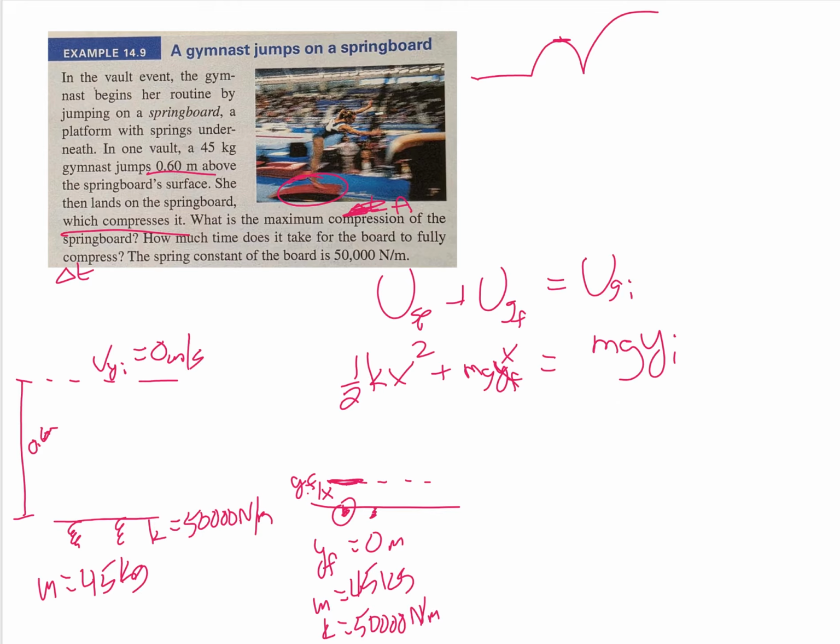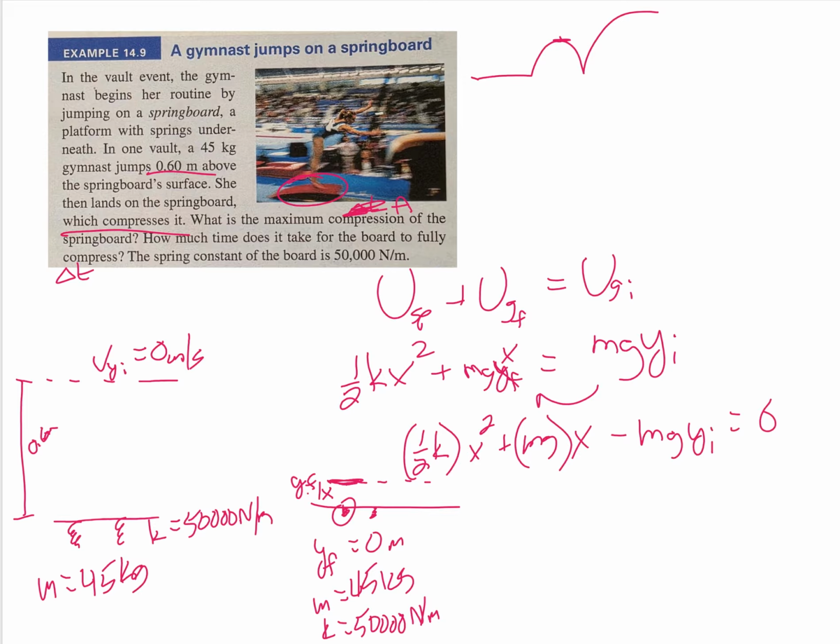Okay, so actually what's happening here is this guy is going to move over because y final is the same as x basically. So we have 1/2 times the spring constant, which is a number, x squared, plus mg times x, so mg is just a number, and then I subtract mg y initial, which is all constant, equals 0.